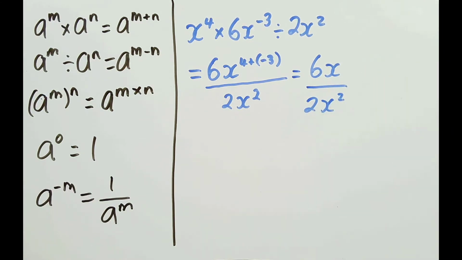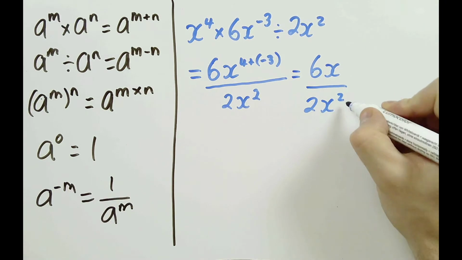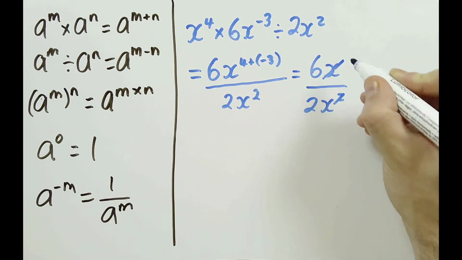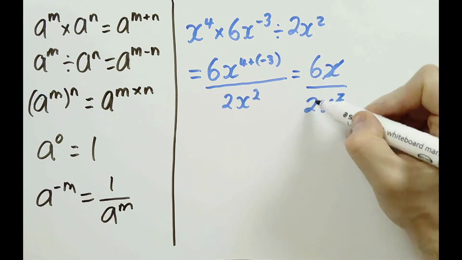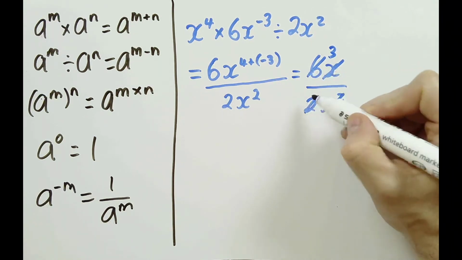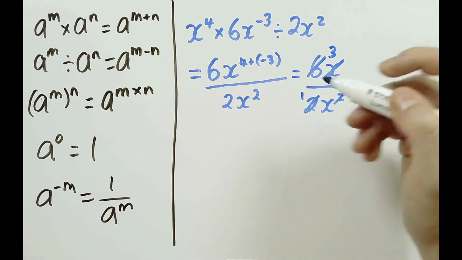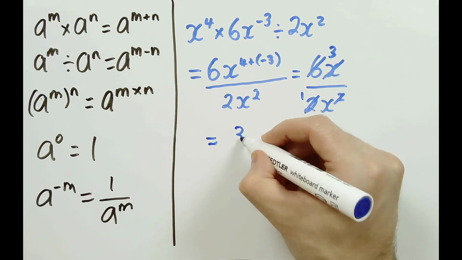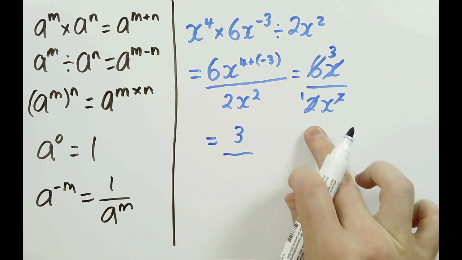So once again, we can cross out an x from the bottom and an x from the top, and as well we can cross out 6 on 2 to represent it as 3 on 1, or just 3. So by doing so, we're left with just 3 on the top, and in the denominator, we're left with x.